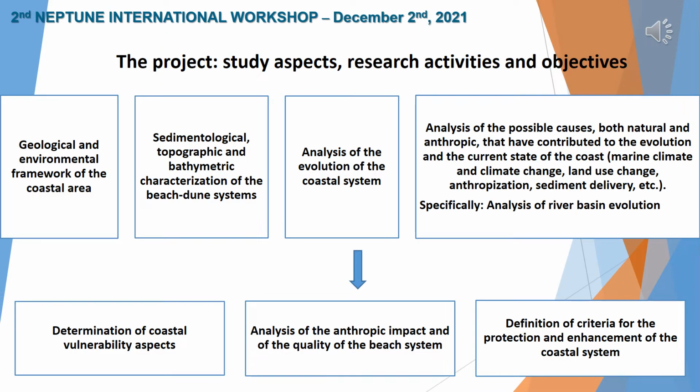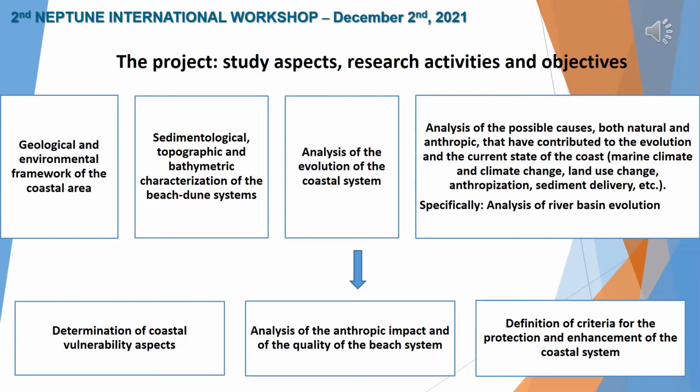After the selection of the study areas, we did further bibliographic research, considering in particular the methodological approach that allowed us to outline a common research flow for the three selected areas, which is synthetically illustrated in this slide. The first step consists in the realization of a geological environmental framework for each selected coastal area, providing a physiographic characterization of the coast, with the individuation of homogeneous coastal stretches and coastal morphotypes.